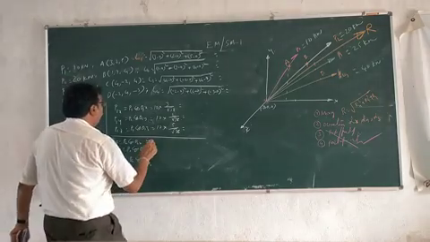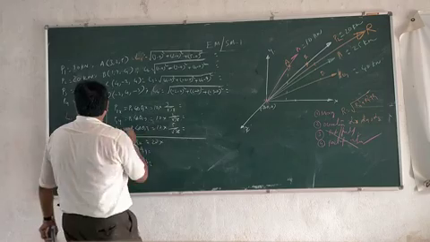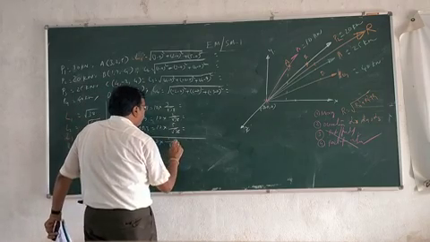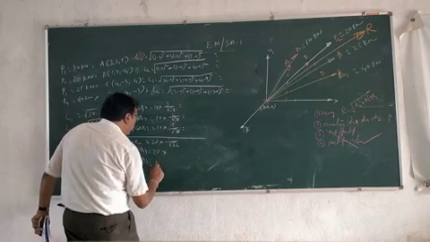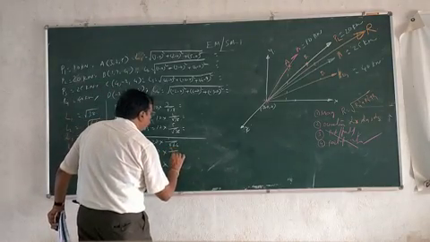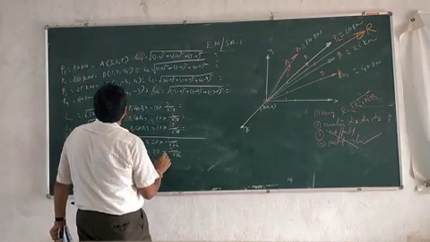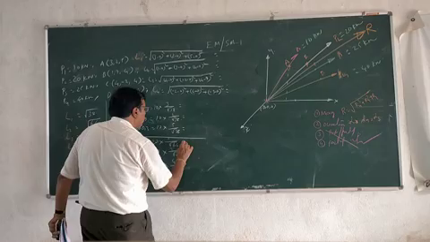It is 20 into 1 by root 66, 20 into 7 by root 66, and 20 into 4 by root 66.